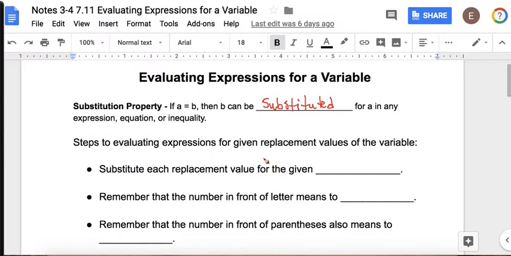So steps to evaluating expressions for given replacement values of the variable. Substitute each replacement value for the given variable. Remember that number in front of letter means to multiply.